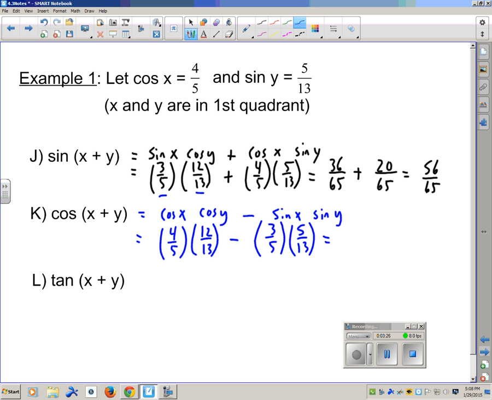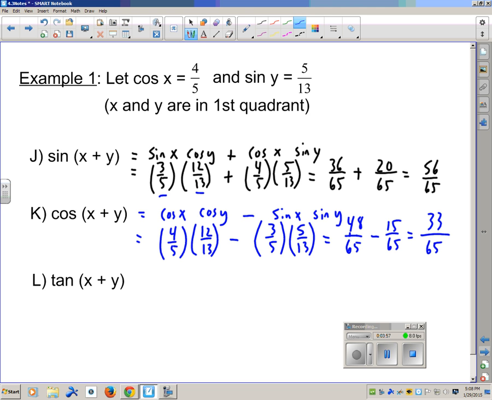So then what do we do? We multiply our numerators, so we get 48, because 12 times 4 there is 48, all over the nice common denominator, 65. And then we can take 3 times 5 there, which ends up giving us 15 65ths. Write down the common denominator and subtract your numerators there, and we get 33 over 65.